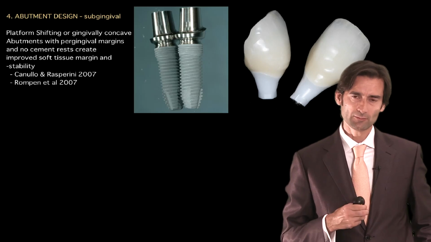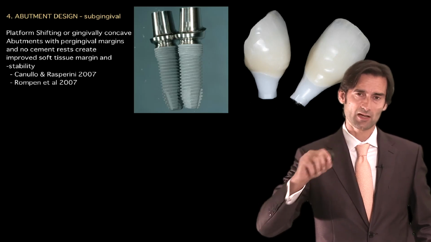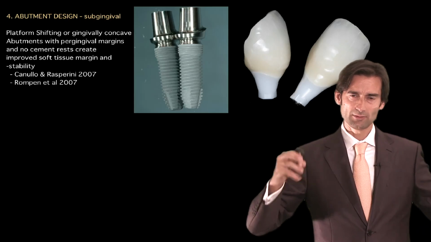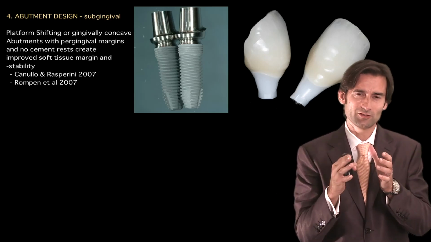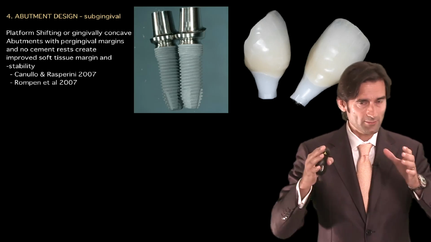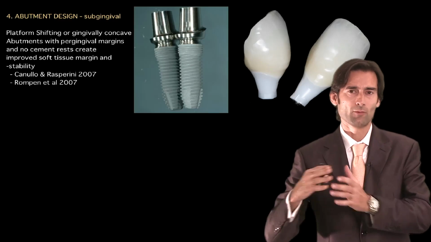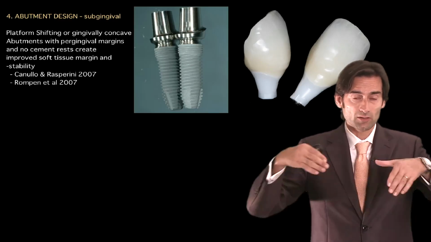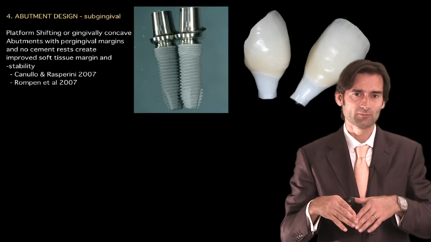And we know today quite well that the subgingival space influences soft tissue stability. So we like to be in this space with a reduced diameter. So you're looking at an abutment that has to be concave, or it has to be reduced. And that's what we call today platform switching, or platform shifting, or we go internal into the implant. So it's a concave connection.